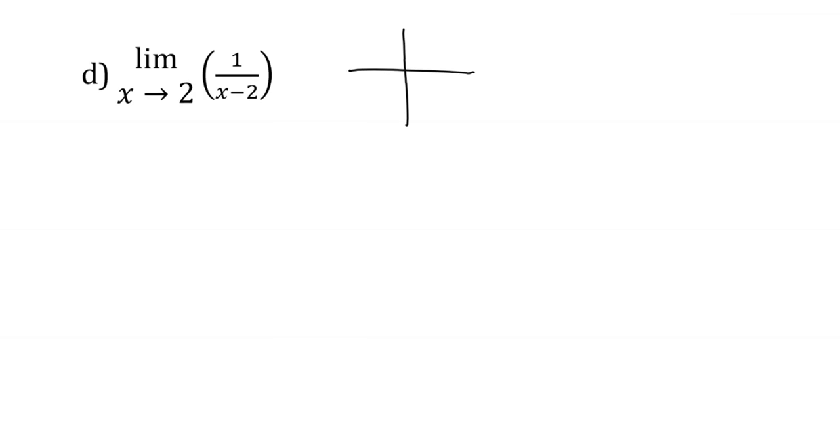But let's just ignore that for a minute and talk about the different things that could happen. I have a vertical asymptote at 2. What are all the different possibilities? I could be approaching up like that and down like that.